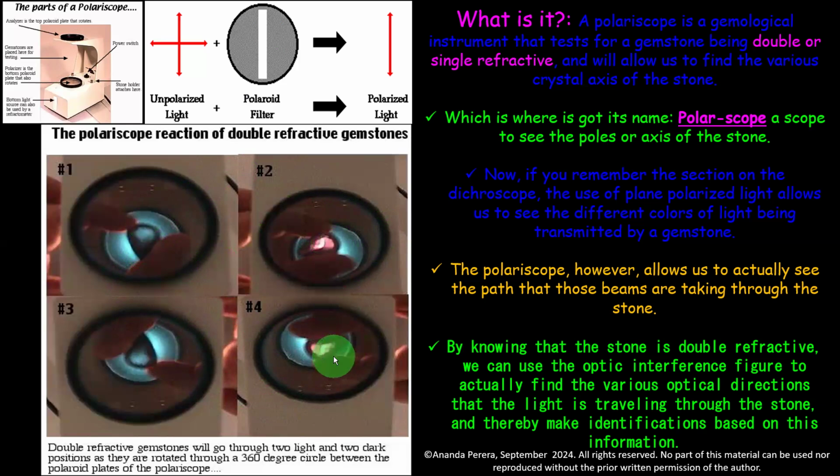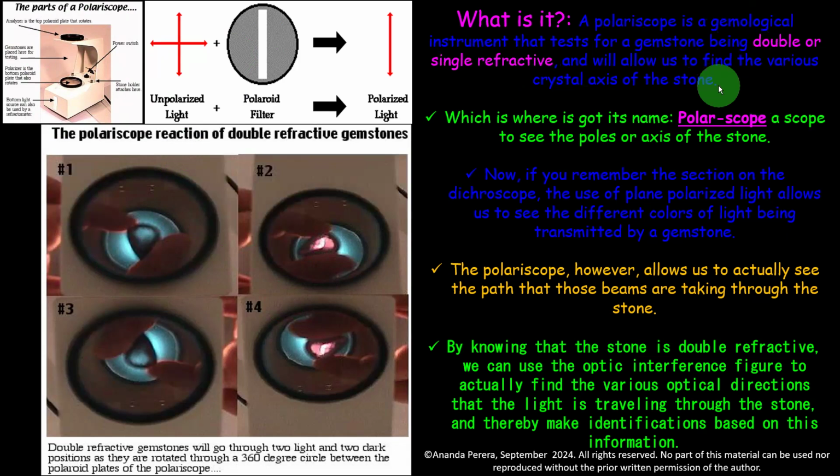This is the rotation. What is it? This is the polariscope. The same thing is happening here. It is expensive, but we can manage this with the double card. The polariscope is a gemological instrument that tests whether a gemstone is double or single refractive, and will allow us to find the various crystal axes of the stone.